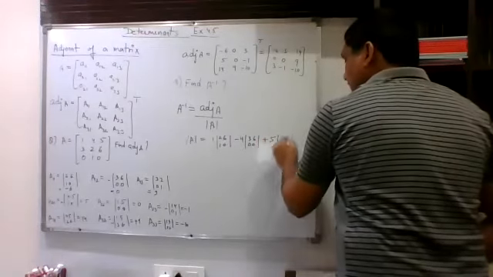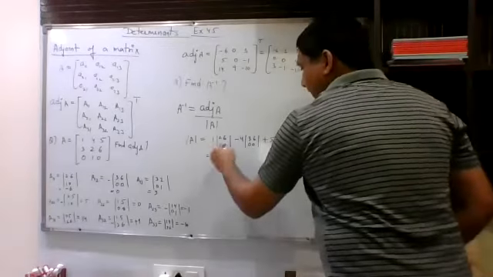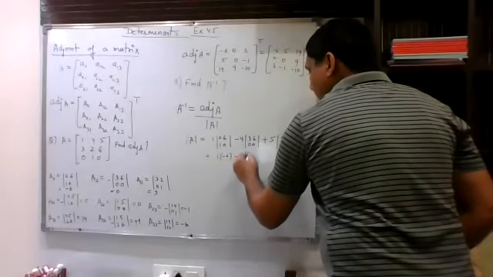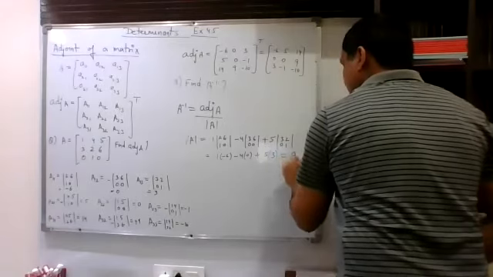When you solve it, this is what you will get as the answer. Finally, when we solve this, it will be 1 into -6, minus 4 into 0, plus 5 into... So your answer is coming out to be 9.